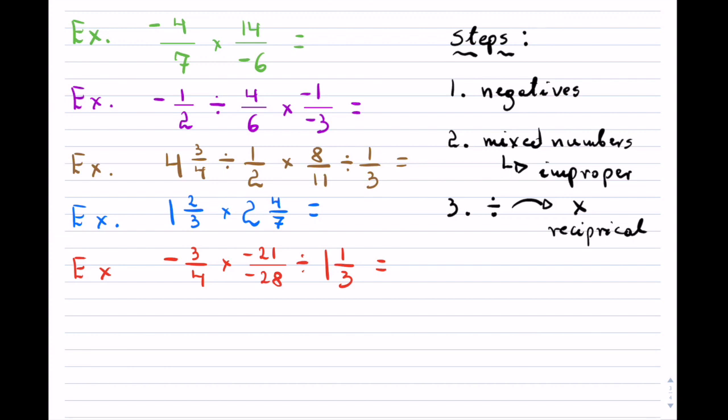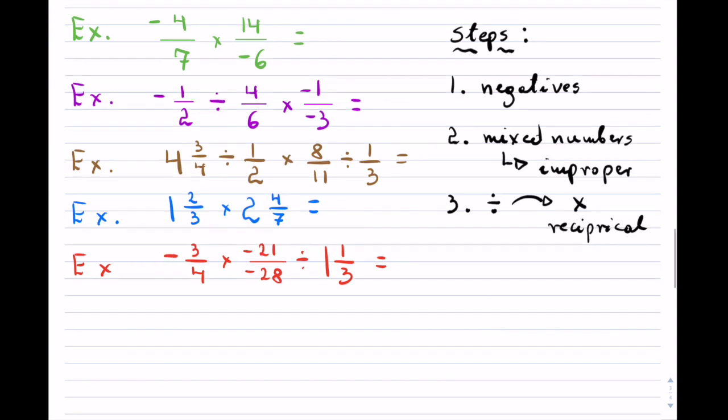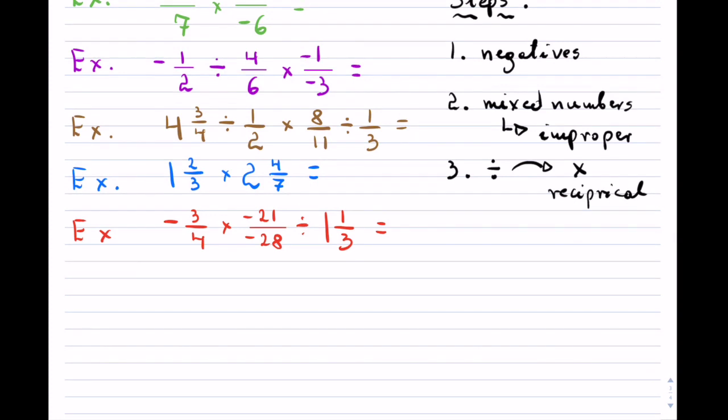So now I have counted my negatives, and I'll show you what we do with those. Number two, I changed mixed numbers to improper fractions, and then I got rid of division, which means all I have is just multiplications of fractions now. Number four, now I reduce.